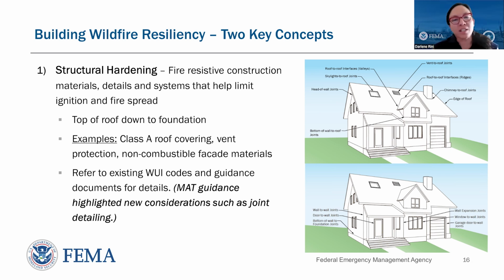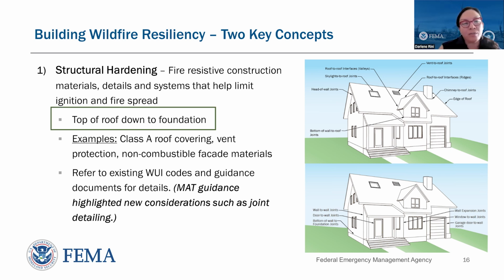the details of how the various components are joined together or fit together, as well as other types of systems that can be used to help limit not only ignition of the structure, but also fire spread along the individual building and then fire spread between structures. A variety of different components and systems are available to help with structural hardening, and typically they're organized from the top of the structure down to the foundation.